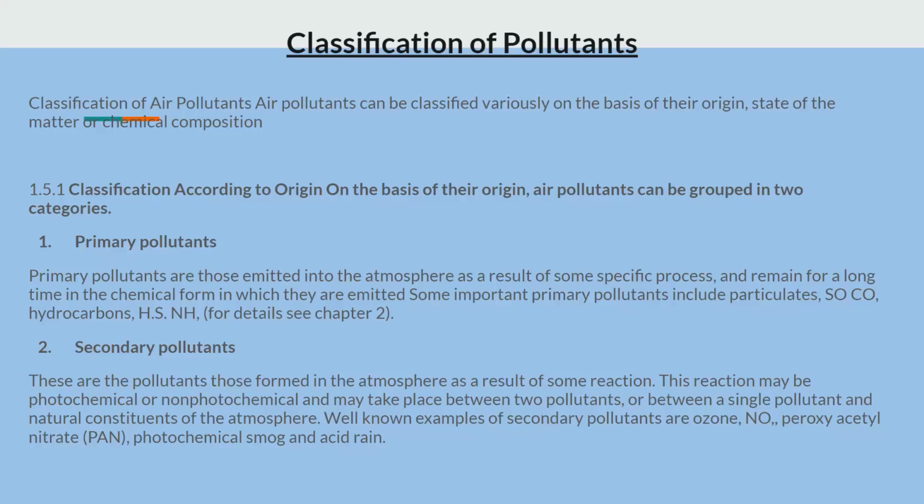Okay, that is O3. Then NO, nitrogen monoxide, then peroxyacetyl nitrate, that is PAN, and photochemical smog and acid rain. Okay, generally acid rain contains H2SO4, sulfuric acid, and nitric acid. Okay, so it is all about yesterday.